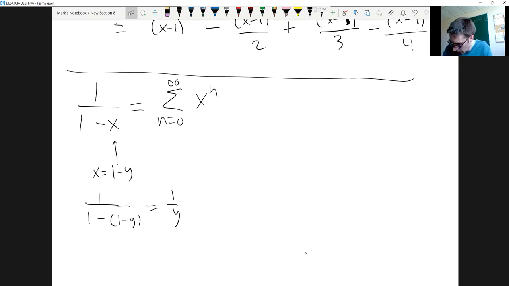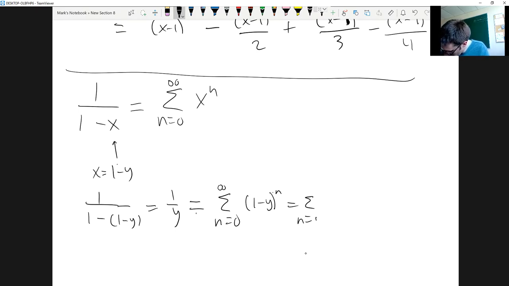Okay, and so if I plug that in on the right-hand side, that should be equal to the sum from n equals 0 to infinity of (1 minus y) to the n. Or you could factor out a minus 1, and write it as (minus 1) to the n times (y minus 1) to the n. And so that would give you a power series for the function 1 over y.